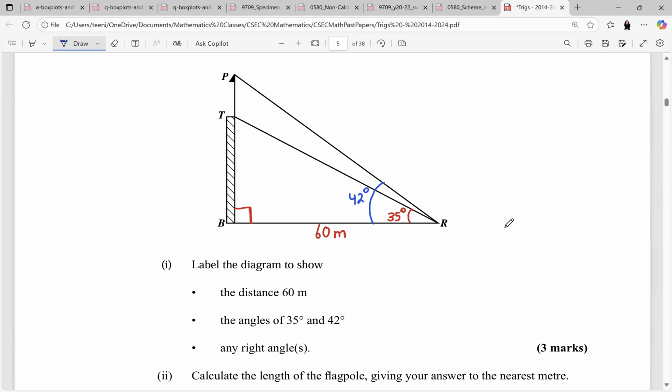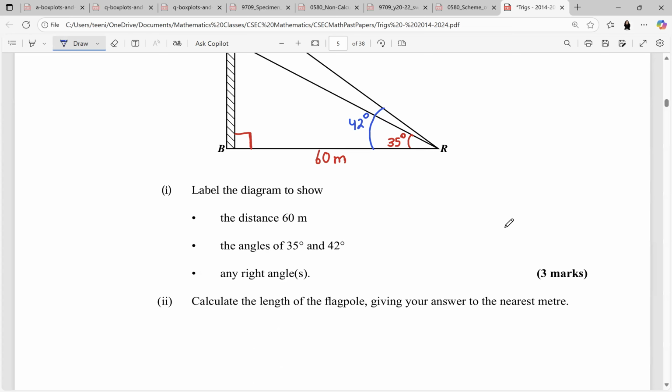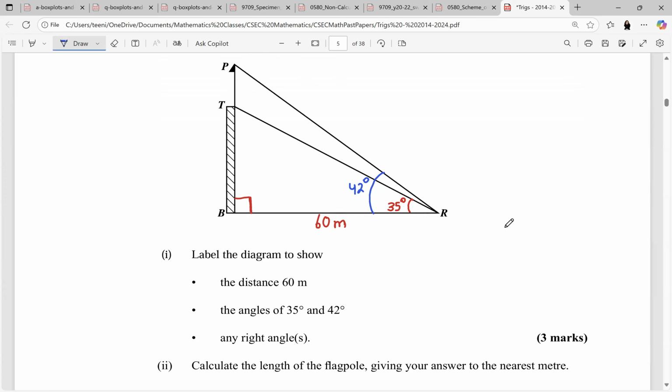That is for the 35 degrees. For the 42 degrees, 60 by 0.9004, I get 54 meters. And I take 54, take away 42, and I get 12. So it's approximately 12 meters long.